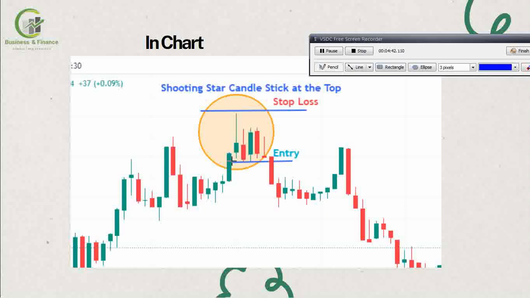We should wait for the low of that follow-up candle to be broken. Only then can we enter, keeping the stop loss 1 or 2 points above the inverted hammer or shooting star candle, and we can ride the downward bearish trend.